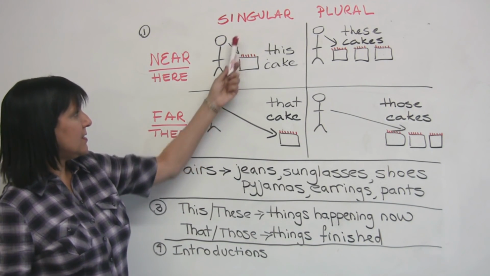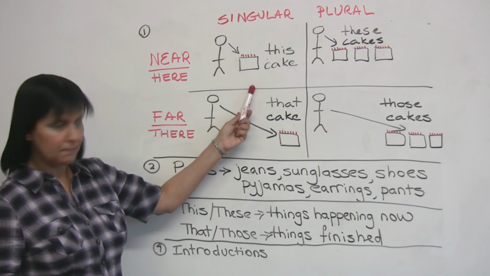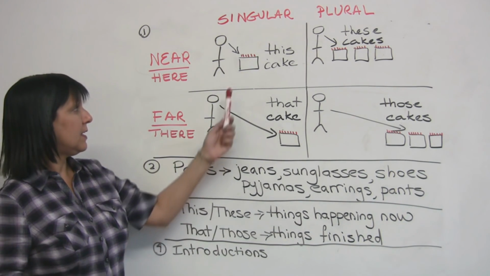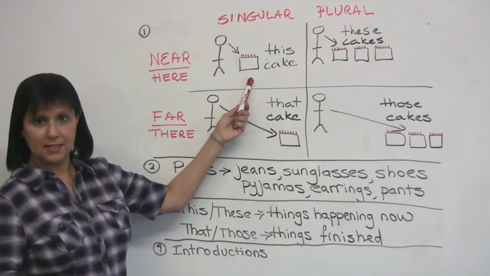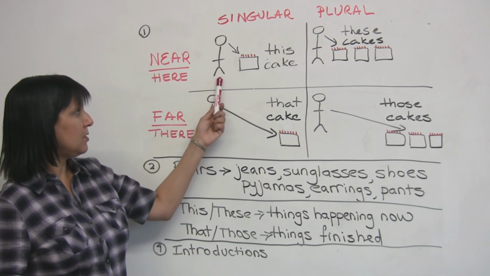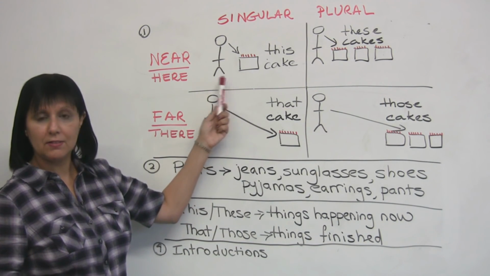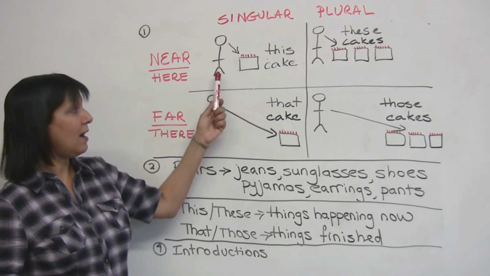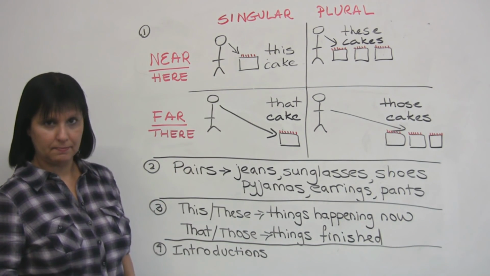If something is near you and there's only one of that item, then you will say this cake, for example. Right? You see the man, the cake is near him, so he's talking about this cake. I like this cake.